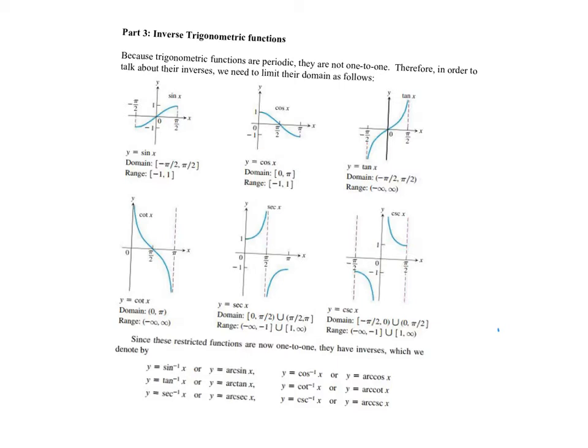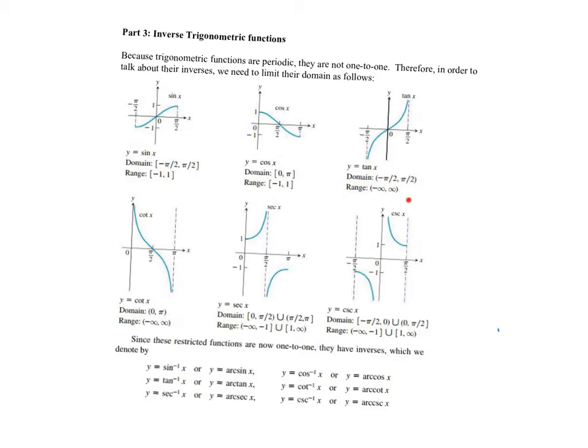So the key to these problems is remembering that we have to cut off the domain in order to be able to get an inverse function. Cosine is typically cut off between 0 and pi, and the range again goes from -1 to 1. That is so we can then do cosine inverse.